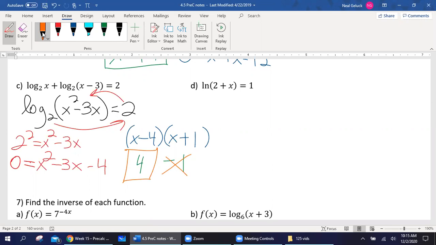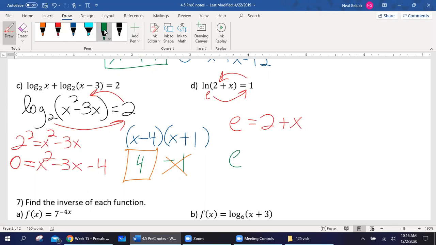On letter D, it's natural log, but it's already log isolated. So I'm going to do the loop-de-loop. Remember, the base is e. So e to the first, which is just e, equals 2 plus x. I'm trying to isolate x.